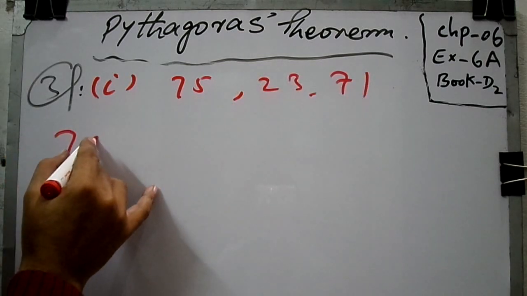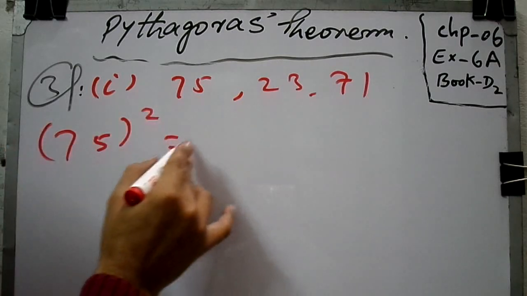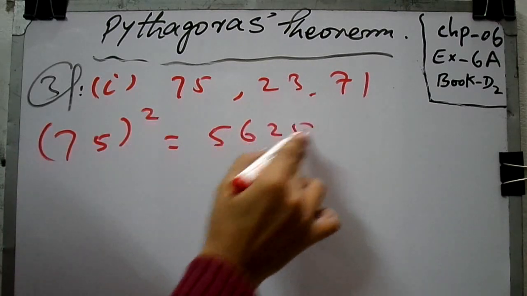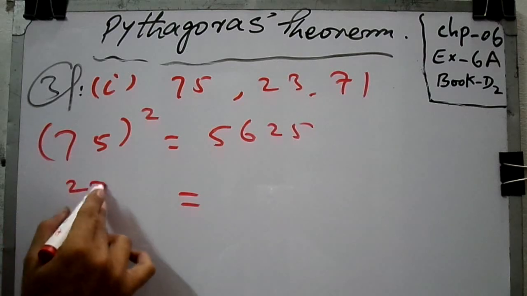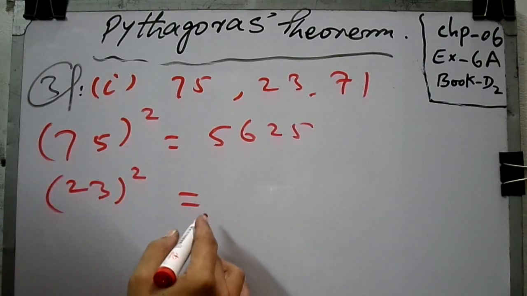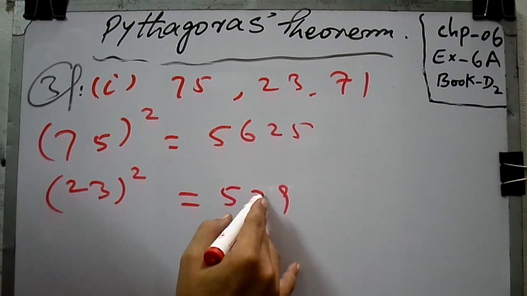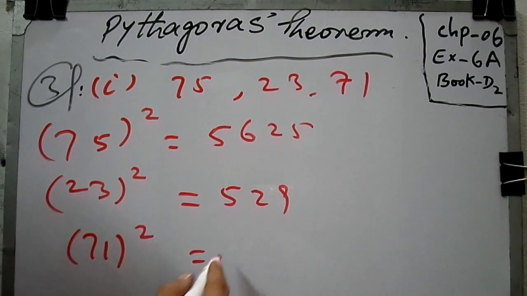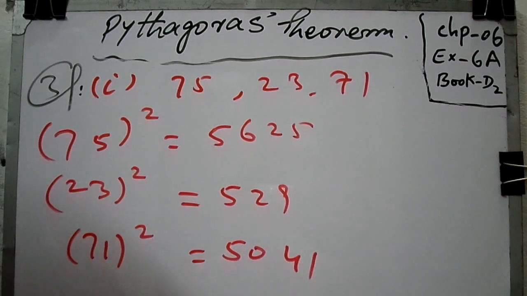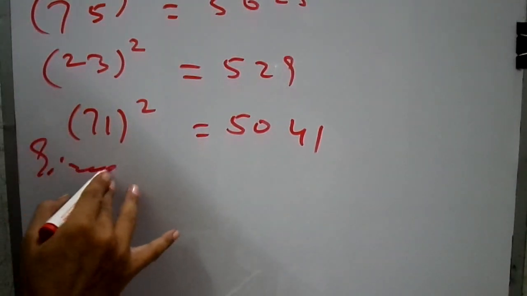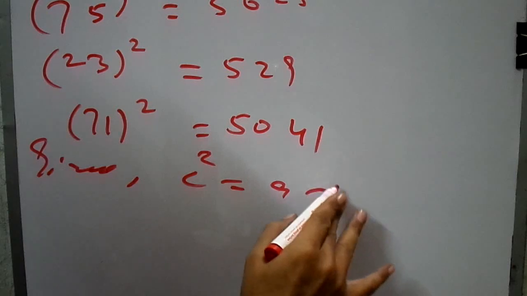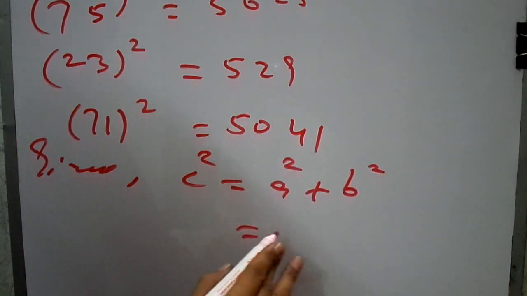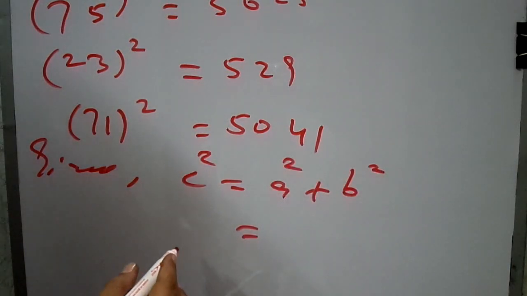So 75 square you will get 5625, 23 whole square you will get 529, and 71 square you will get 5041. Since by Pythagoras theorem a square plus b square equals c square, you can put the values in such a way that they are equal.